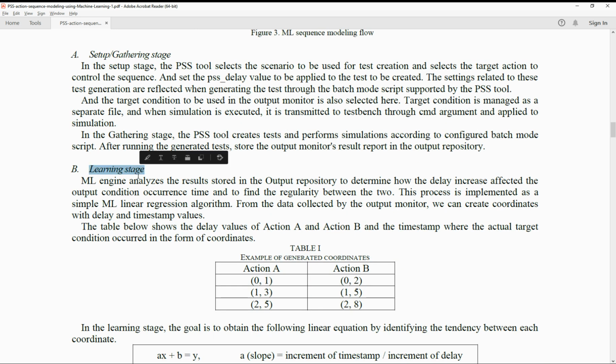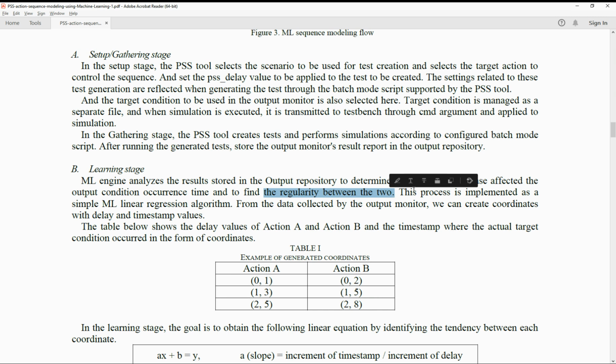B is the learning stage. The ML engine analyzes the result stored in the output repository to determine how the delay increases affected the output condition occurrence time, and to find the regularity between the two.